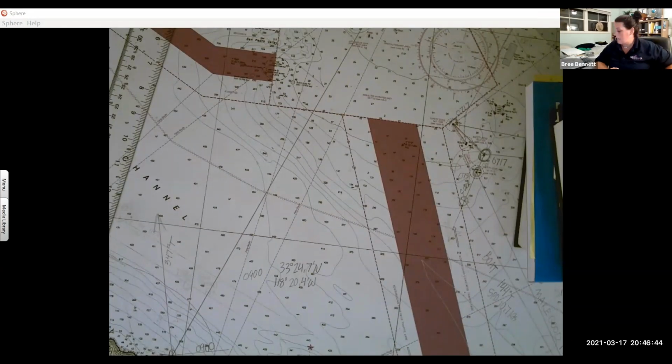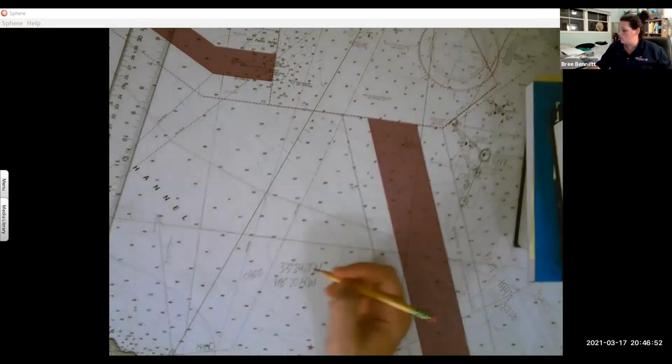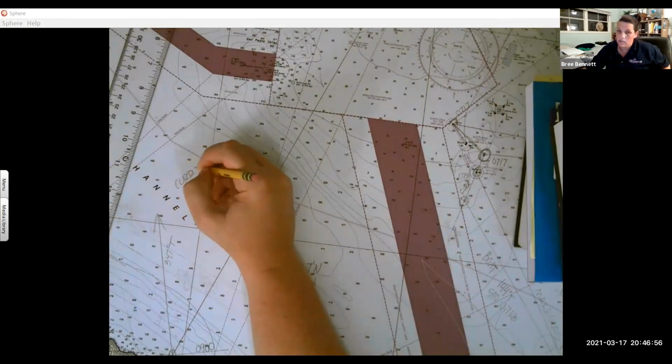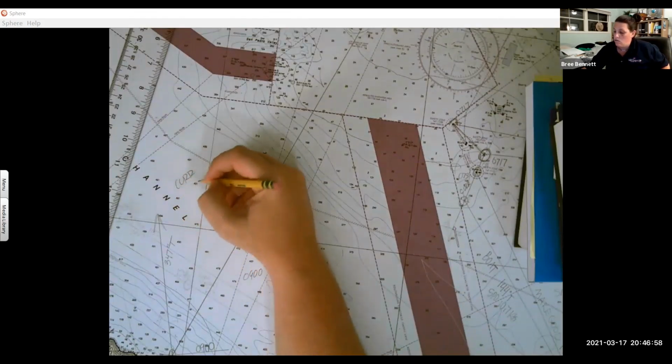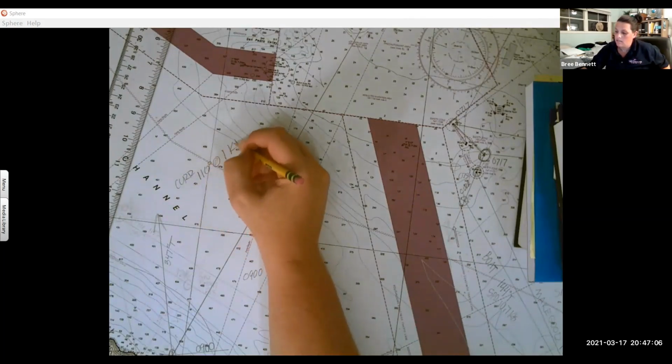So I'm going to calculate my set and drift using my tidal current tables. And I have a given set and drift of 110 degrees at 1 knot.